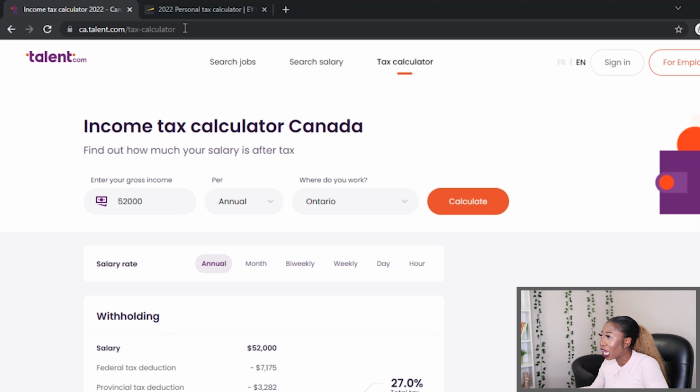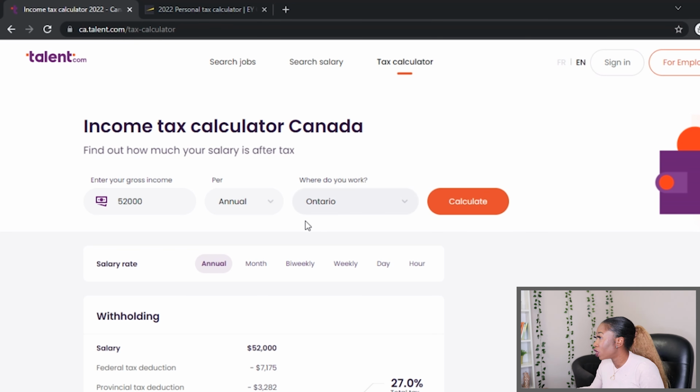There are a lot of online calculators that you can use, but talent.com is my favorite one, simply because you get to put in the amount and you can change by province, decide if it's an hourly rate or annual rate. You can also see how much you'll be getting paid weekly, monthly, or by hour, depending on your pay schedule.